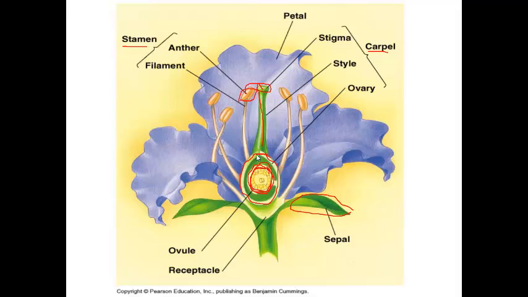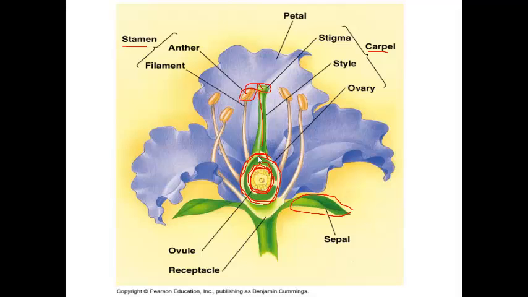The ovary around the seed is going to become a fruit, and that fruit is used to disperse the seed, to get the seed away from the plant and over to the ground so that it can grow into a new plant. This is actually a very advantageous system.